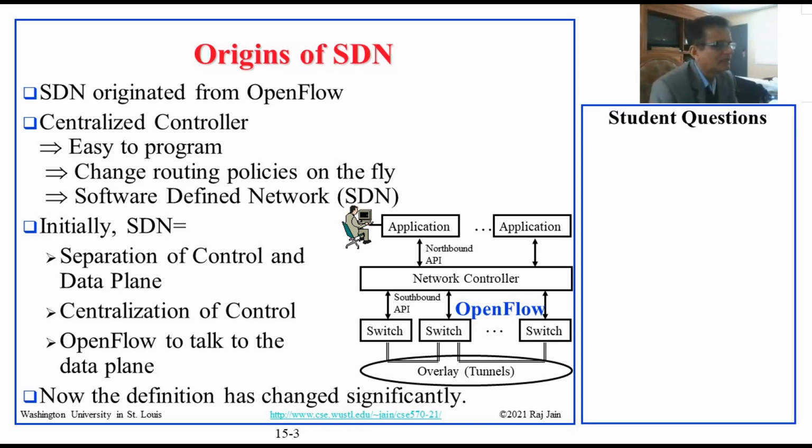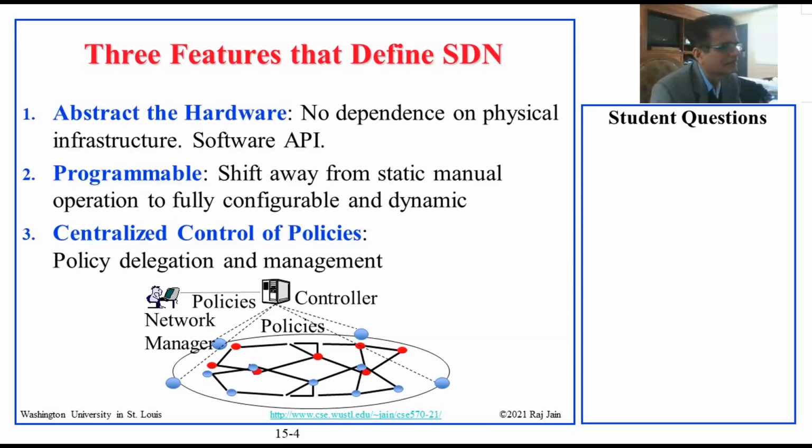Okay. Now, over the years, the definition has changed significantly. I think that definition was in 2010. Okay. So now, 7 years later, the definition has changed. Now what SDN is defined as is first the abstraction of the hardware.